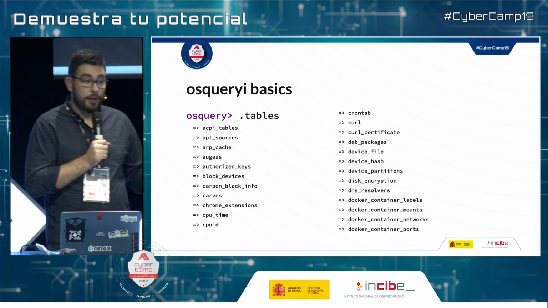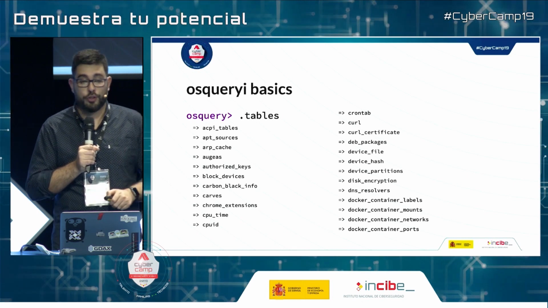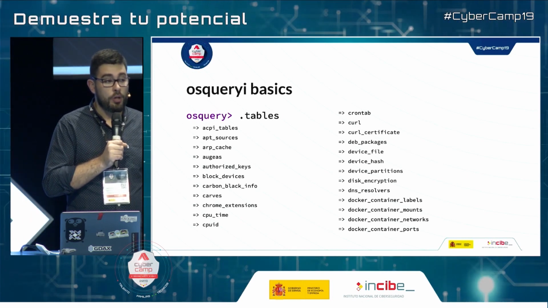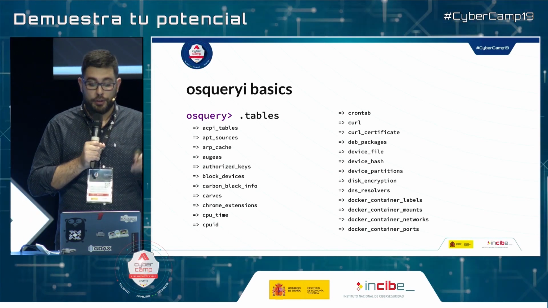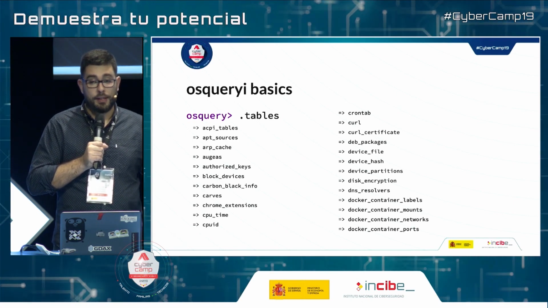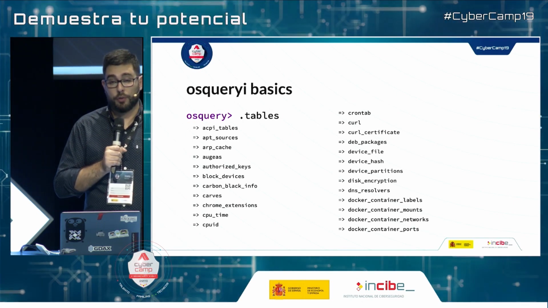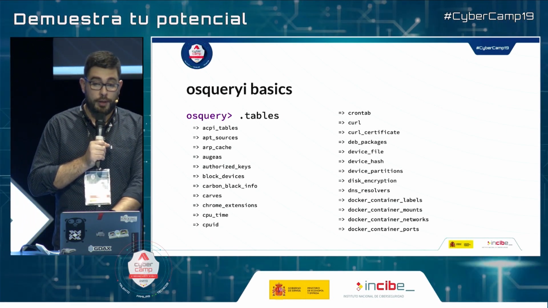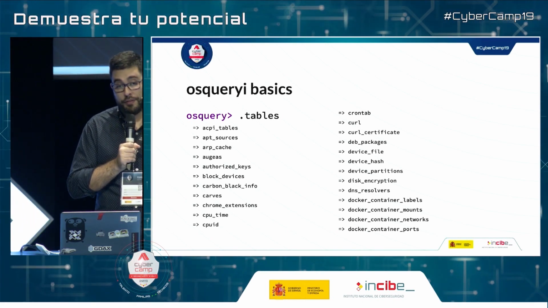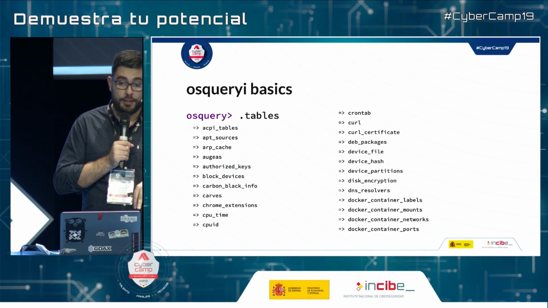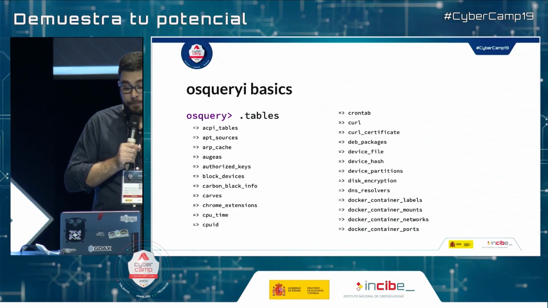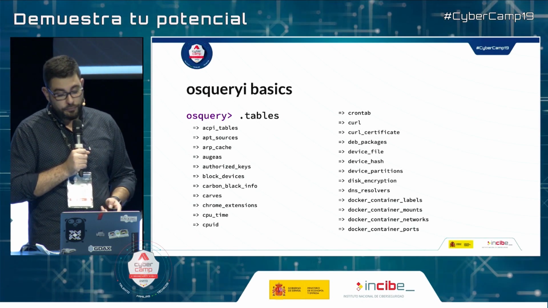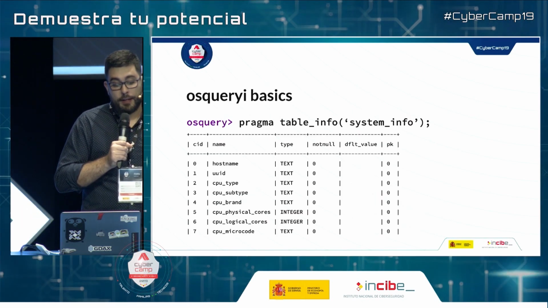The .tables command will give you all the information on the different tables available. If you're using Mac and you use .tables, you'll see everything that is connected to that platform. But if you're using Windows, it will show you different tables, because some depend on different platforms and others do not, so the information will be different.